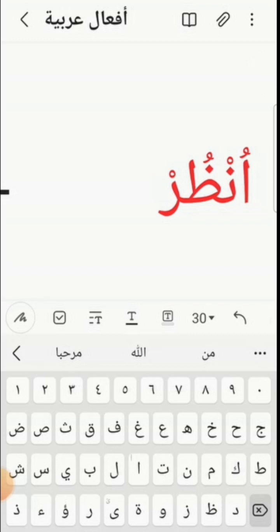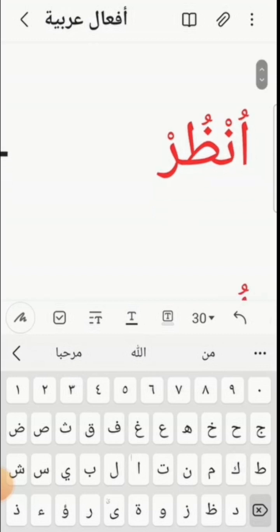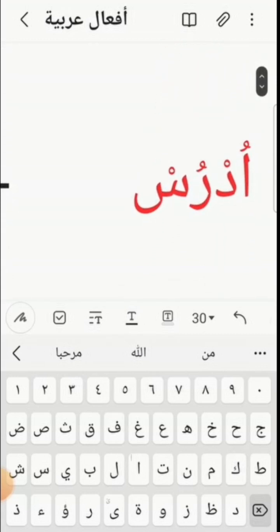We normally add إلى, so it's انظر إلى الكتاب, look at the book. انظر إلى البيت, look at the house. Then thirdly, we have ادرس. ادرس means study. So I can say ادرس الكتاب, study the book. ادرس القرآن, study the Quran, etc.